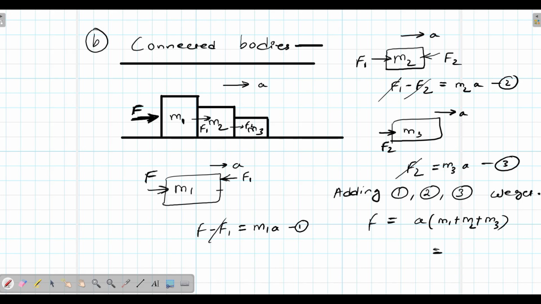A equals F divided by M1 plus M2 plus M3. That is the acceleration. So that is the motion of connected bodies.